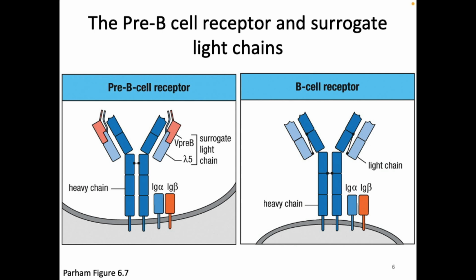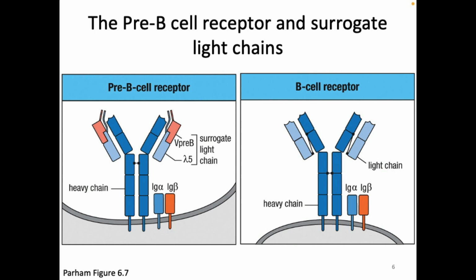But now, this cell that is testing this heavy chain has something different on its surface, so it no longer qualifies as a pro-B cell. It is now the next cell in this list. It now qualifies as something else.